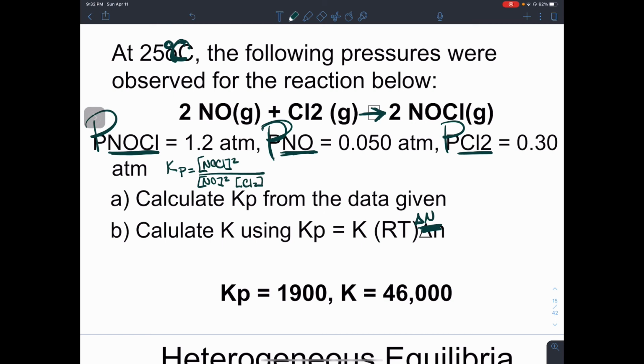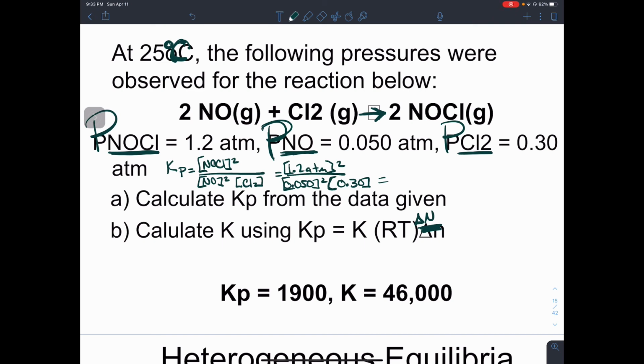This does not have a coefficient. And then I can just go ahead and start plugging things in. So the 2. And no superscript there. Okay.